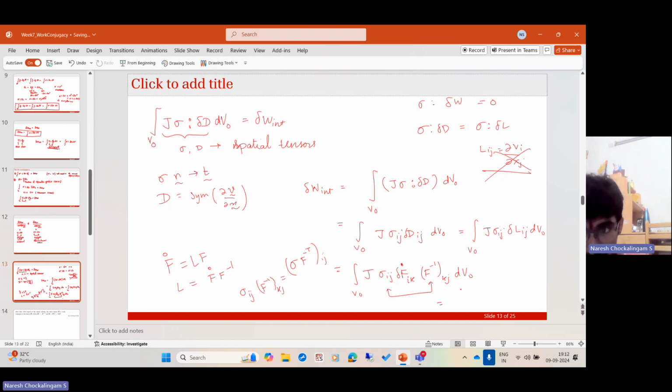So this is integral with respect to V naught J sigma F inverse transpose Ik, right? J gets multiplied out. This is Ik.